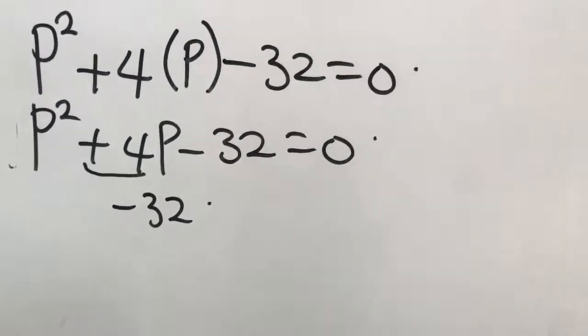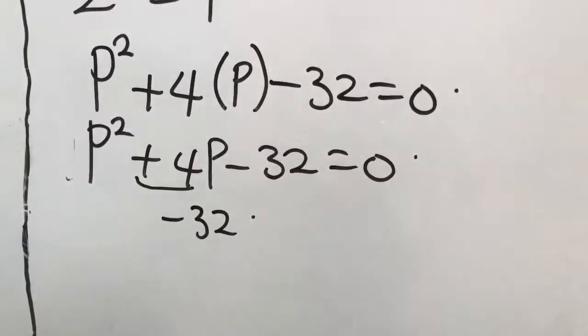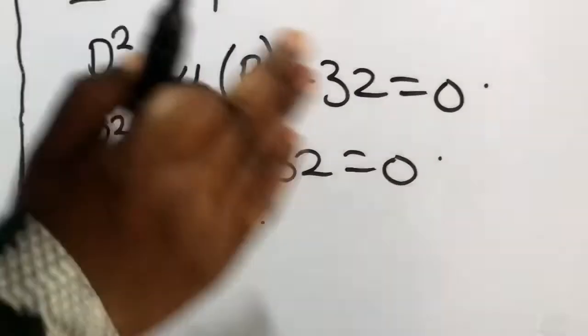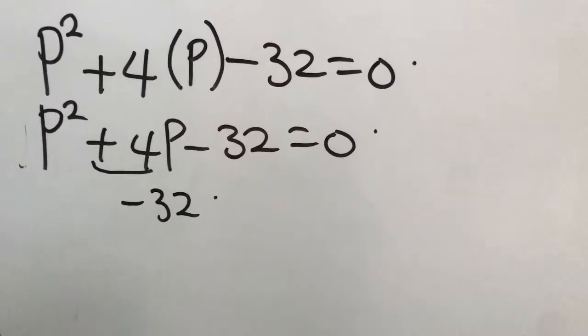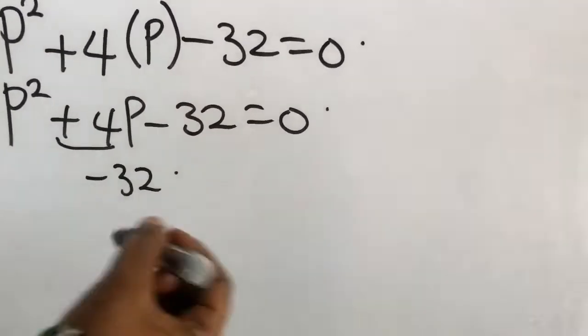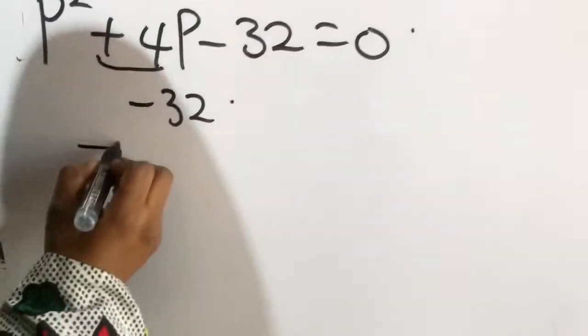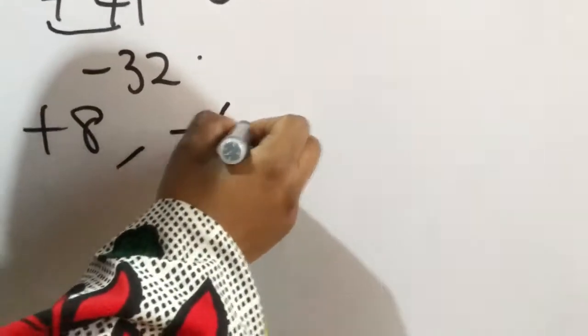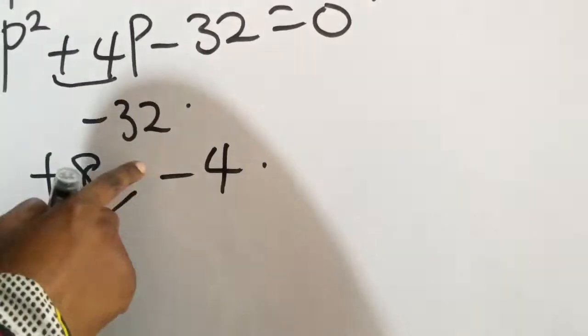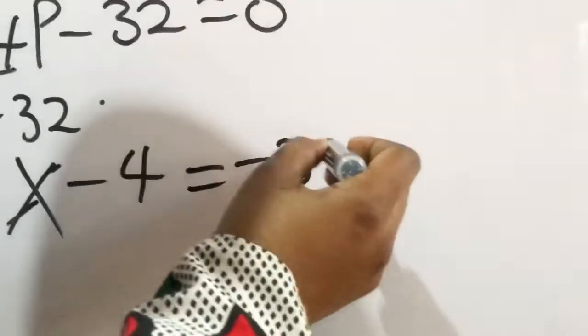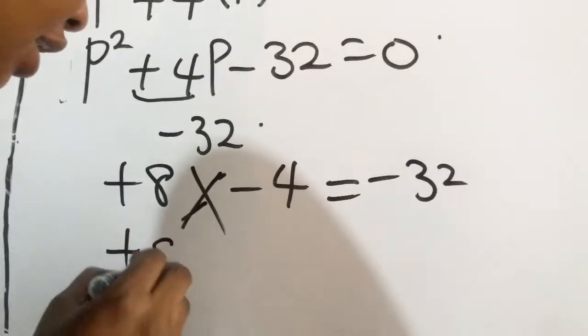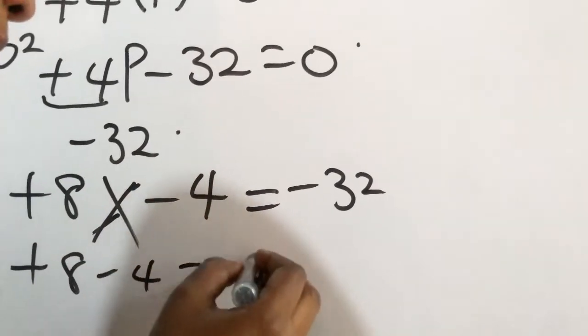So is it going to be plus 8 and minus 4, or minus 8 and minus 4, or plus 8 and plus 4, or minus 8 and plus 4? So it's going to be plus 8 and minus 4. If you multiply them together, you are going to get minus 32. And plus 8 minus 4, you are going to get plus 4.